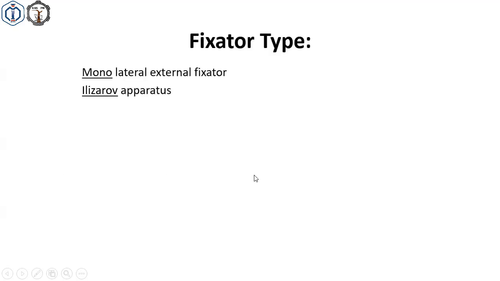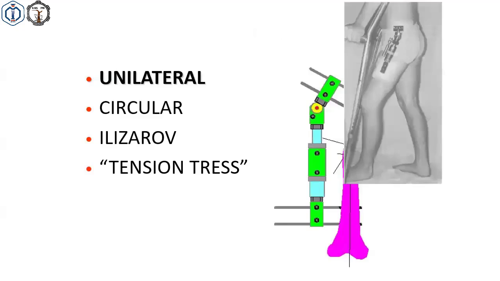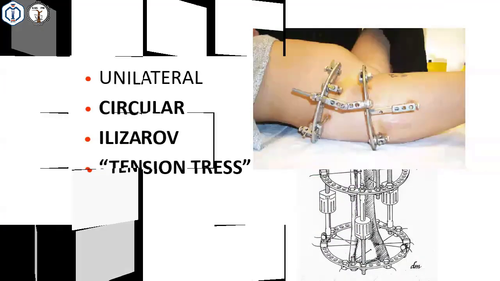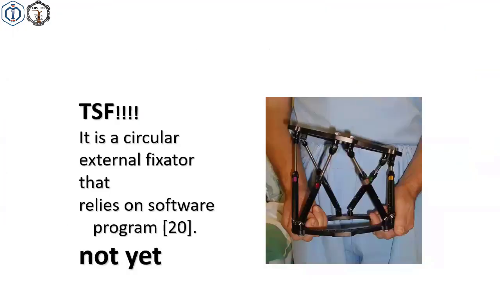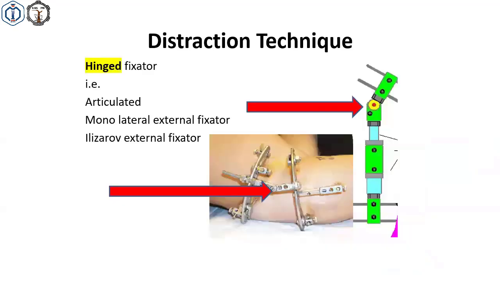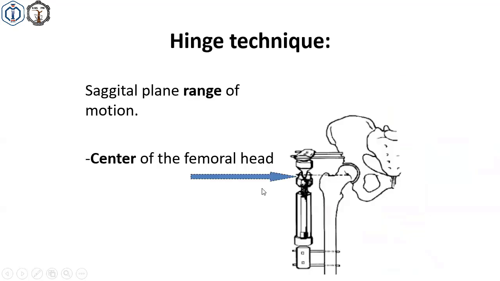The fixator type may be a monolateral external fixator or a circular one, or the Taylor special frame, which has not been used at all yet. For the distraction technique, we may use a hinged fixator, and in this case we can use it articulated, either monolateral or using the Elizarov technique with a hinge also.